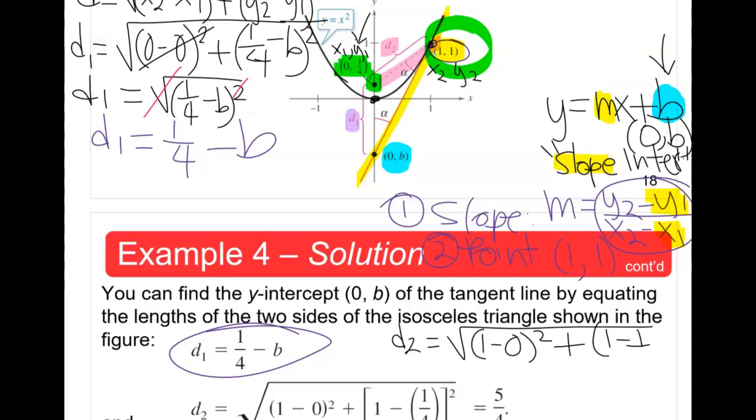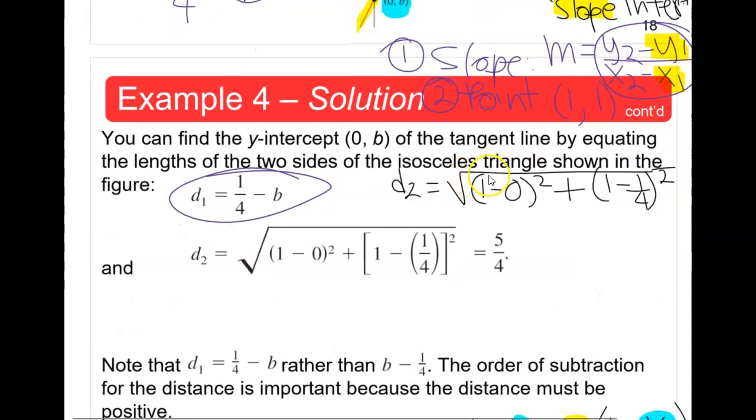So 1 minus 1/4, and that is also squared. So if we simplify that, we will get 5/4.